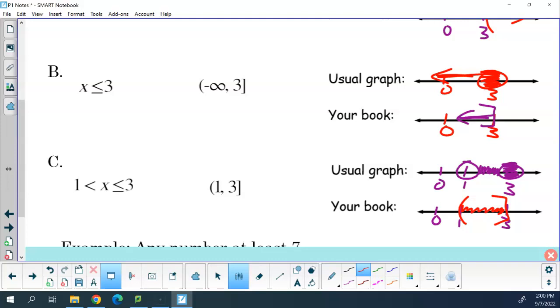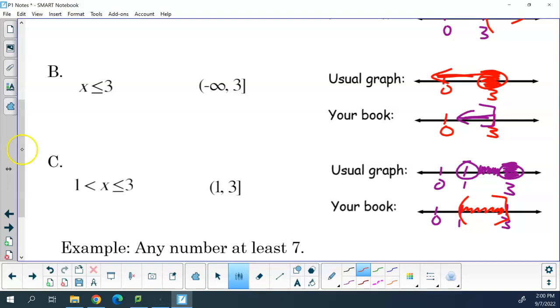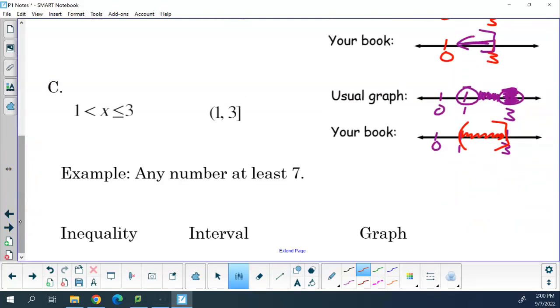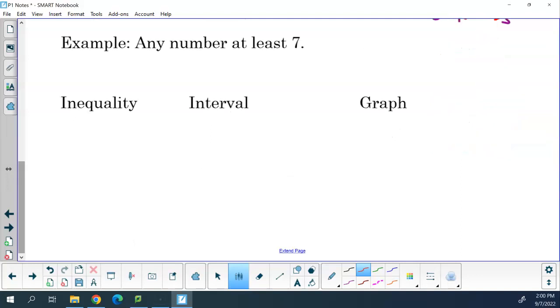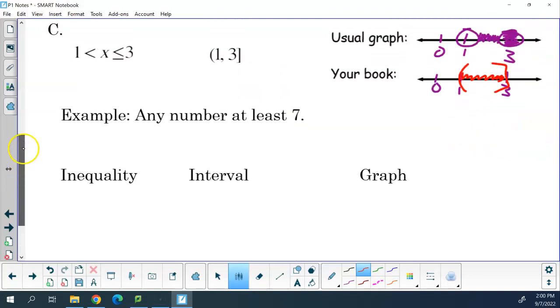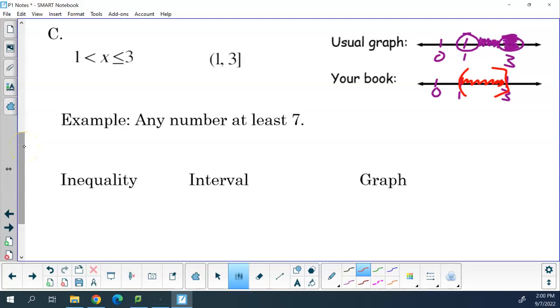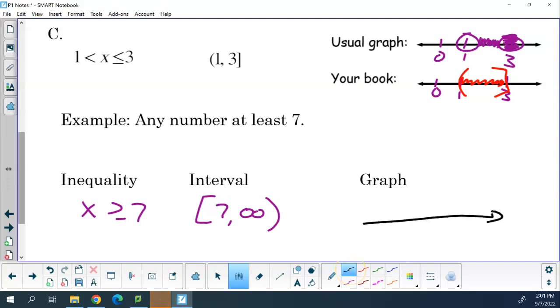Okay? Good? All right. You guys try this one real quick. Go. Any number at least 7. Write it three different ways. Graph it, I would just do it.